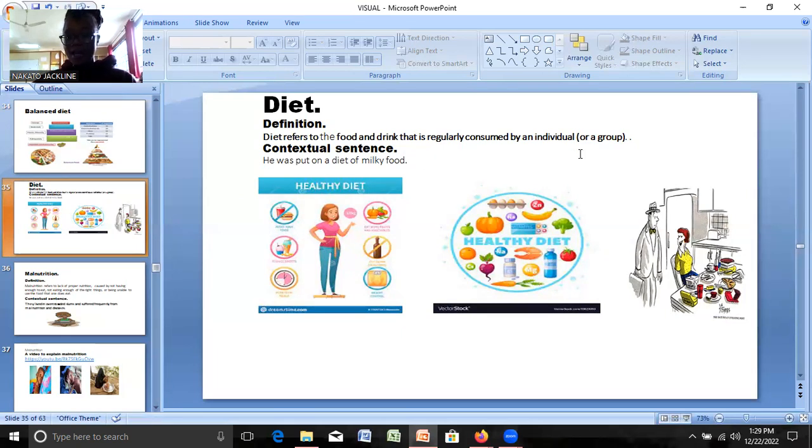As you see here in the picture, a father coming back home, seeing a mother, they have prepared different types of food. So this comes to conclude a balanced diet. But diet as it is is what you eat every day at home. I think you've got me right.